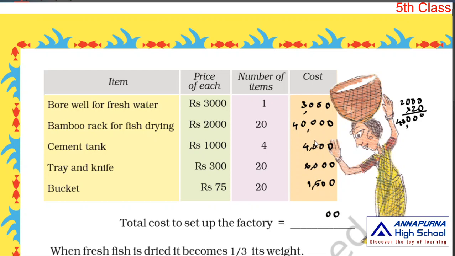Again 0 plus 0 plus 0 plus 0 plus 5. 0 plus anything is the same number, so 0 plus 5 is 5. Now 3 plus 0 is equal to 3. Plus 4, 7. 7 plus 6, 13. 13 plus 1, 14. So 4, and carry number 1 is there on the top of the thousands place.